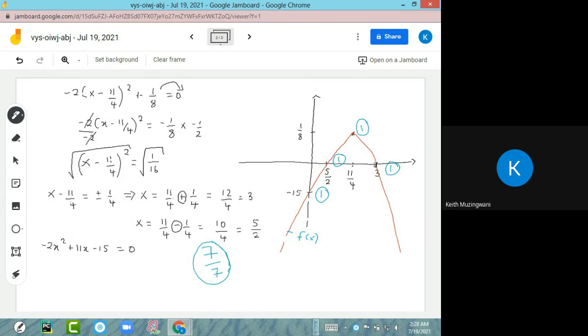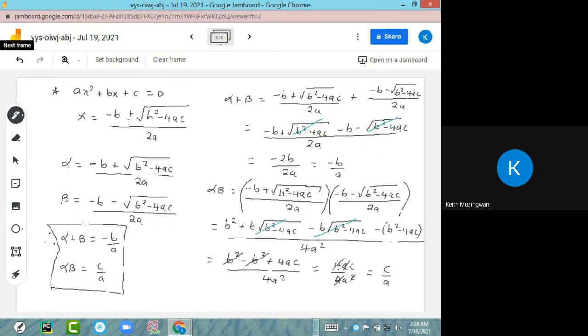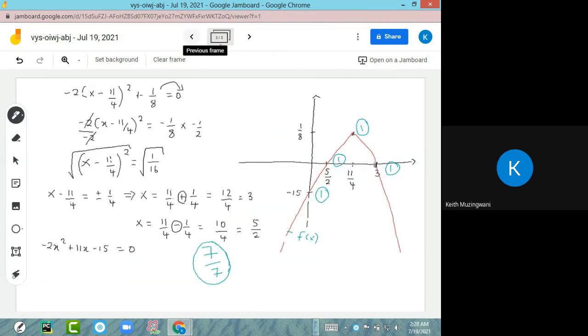According to this, if you add the roots, alpha plus beta, it's just the same as getting negative b over a. Now our negative b here would be negative 11 over negative 2, which is a, so we'd get 11 over 2. And if you multiply them, we'd get c over a, which is negative 15 over negative 2, which is 15 over 2.